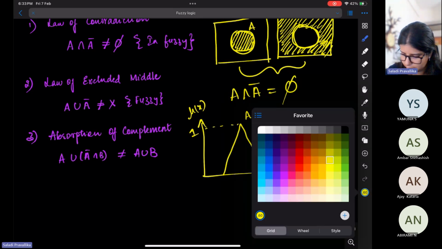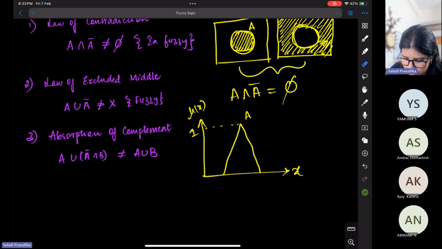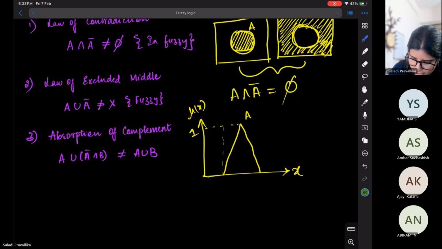Let's draw it in a different color. For A, at this point, the membership function value is 0, so the complement is going to be 1. Similarly here as well. All these values are 1. Wherever the other membership function has value 0, the complement is going to have 1.